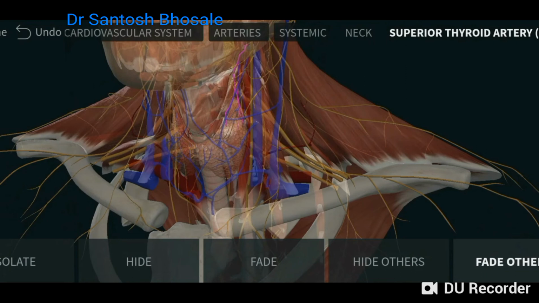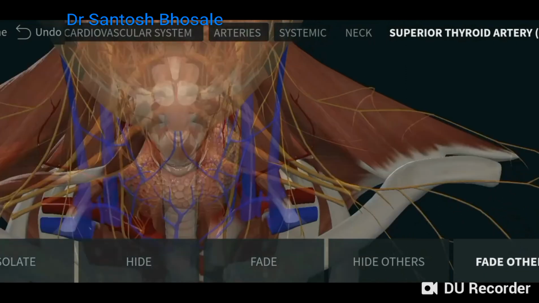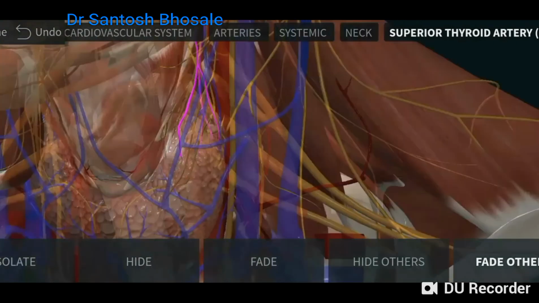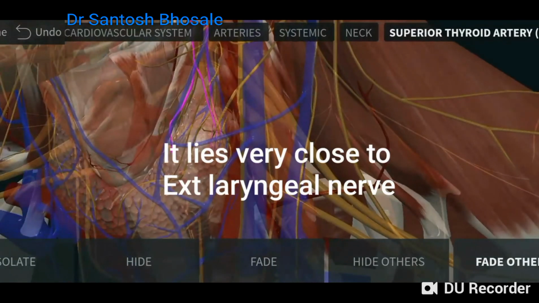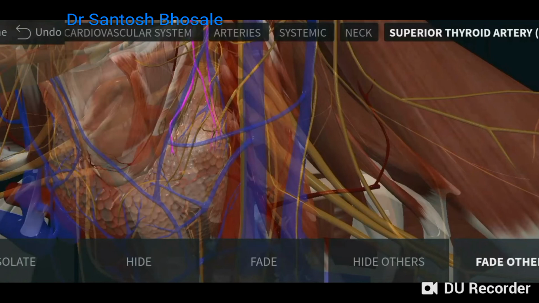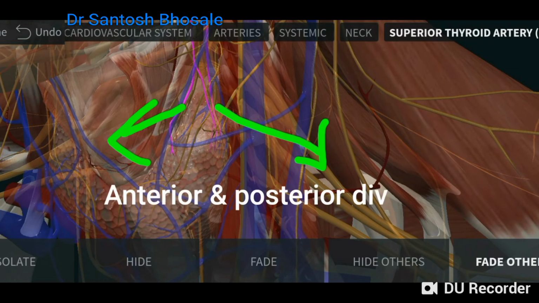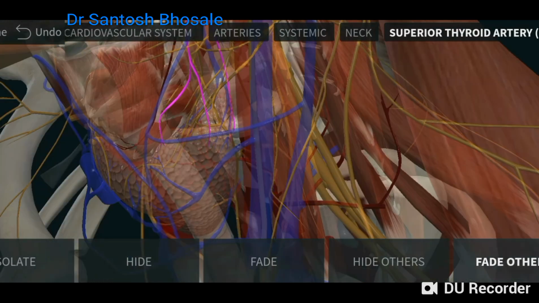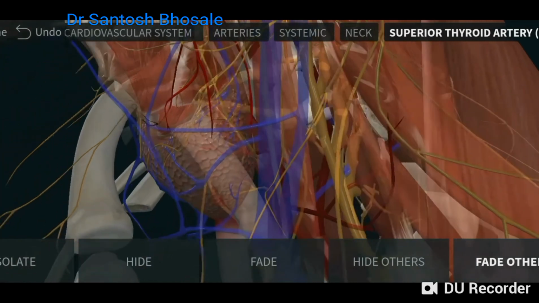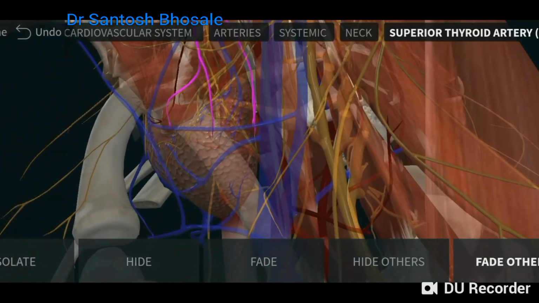It lies with the external laryngeal nerve near the apex, and at the apex it will divide into two divisions, anterior and posterior. Anterior runs along the anterior border, posterior runs along the posterior border. Anterior division anastomose with the opposite artery, whereas posterior division anastomose with the ascending branch of the inferior thyroid artery. And where the posterior division anastomose, there will be the location of parathyroid gland.